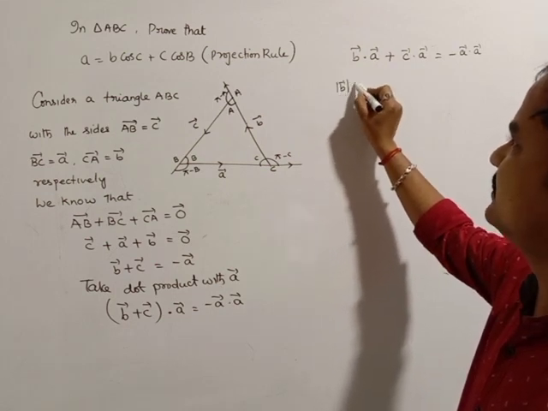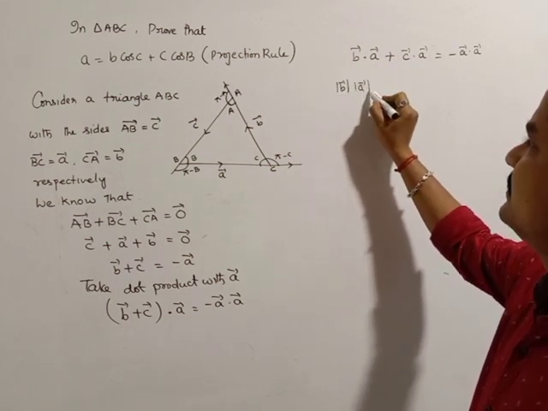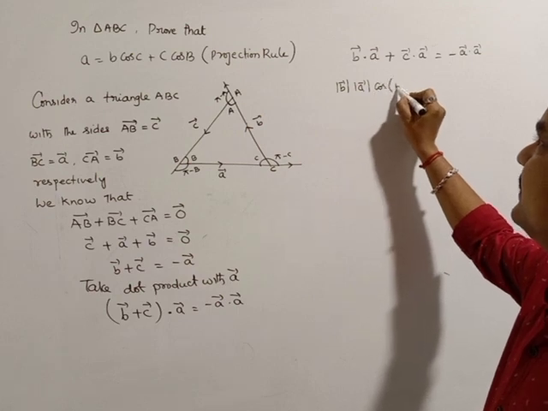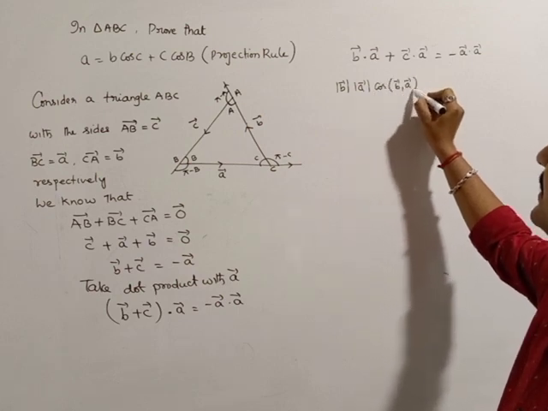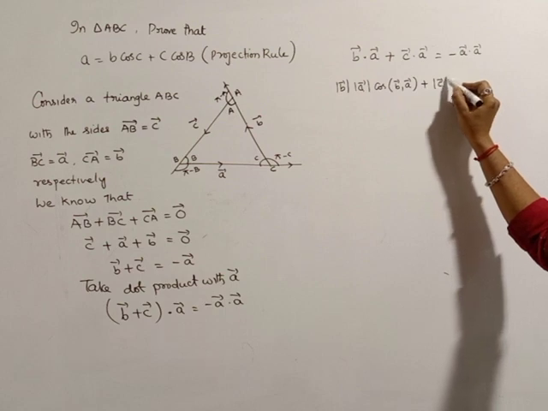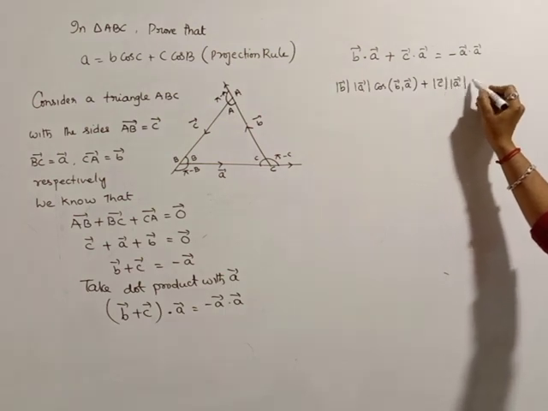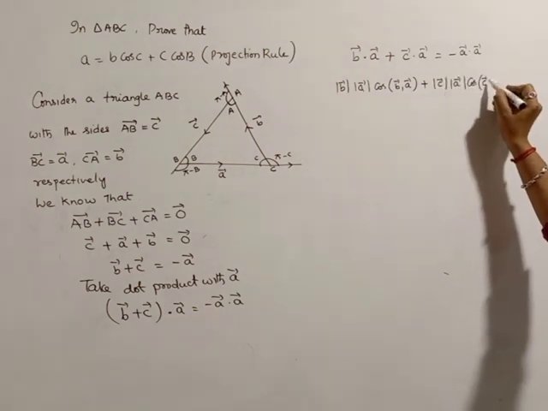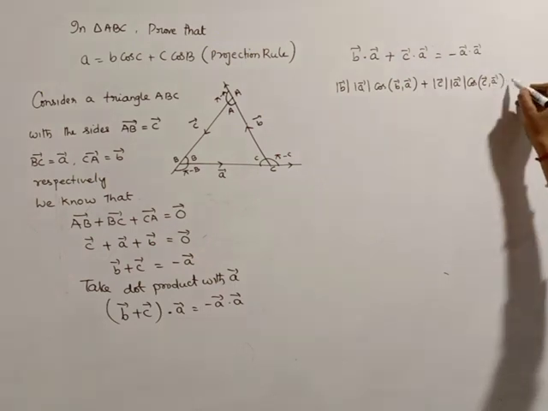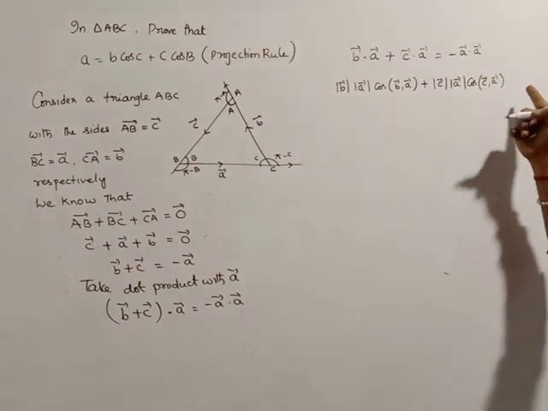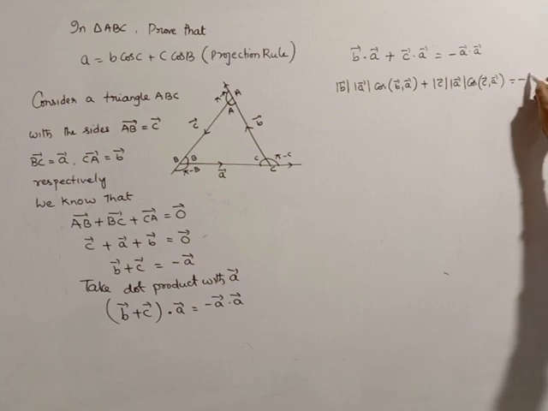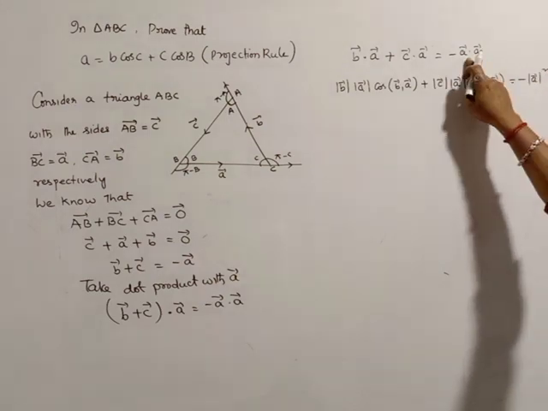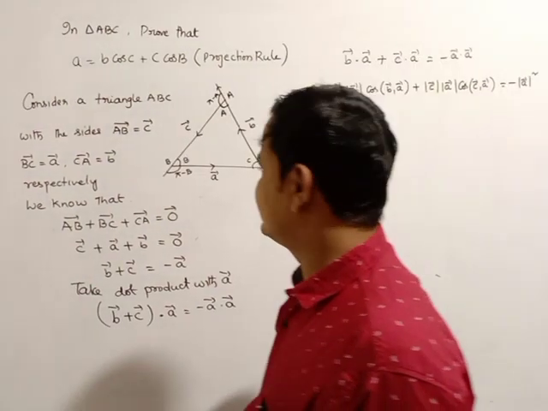Okay. Now the dot product formula, what is that? Mod b bar into mod a bar into cos of the angle between b bar and a bar, plus mod c bar into mod a bar into cos of the angle between c bar and a bar, is equal to minus mod a bar square, because the dot product of the same vector is minus a bar square.